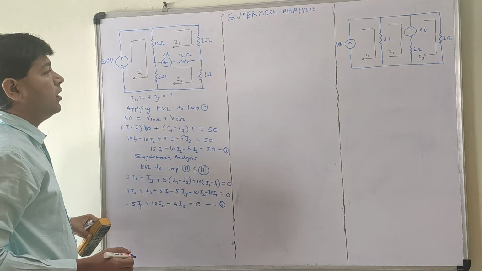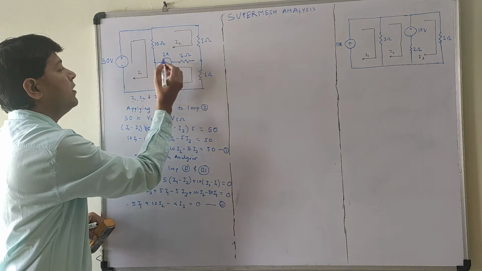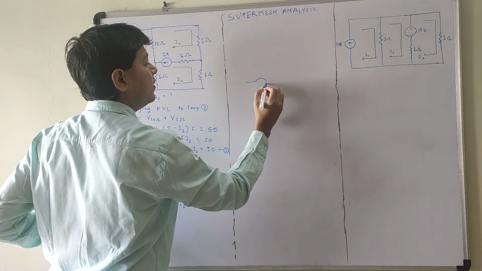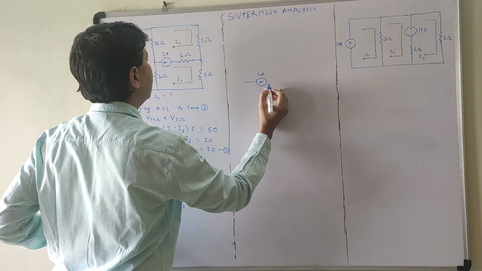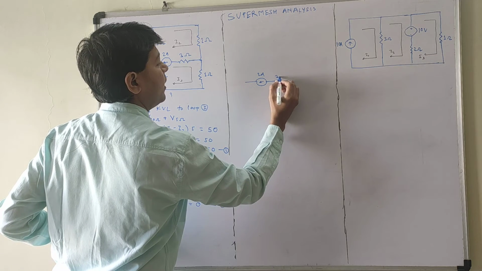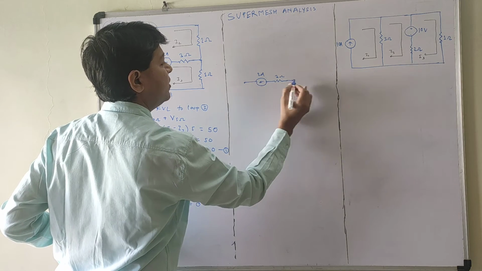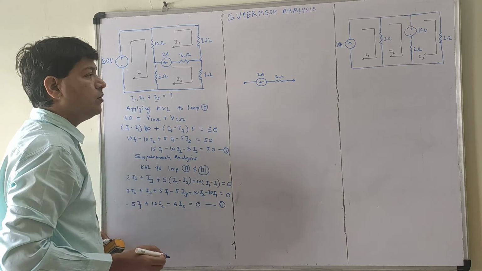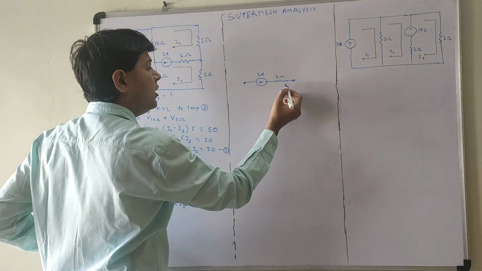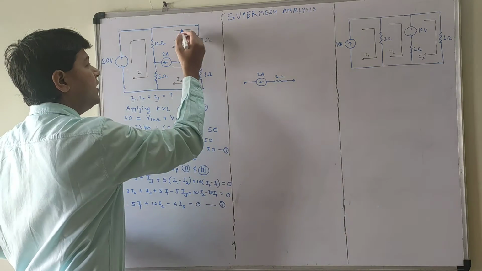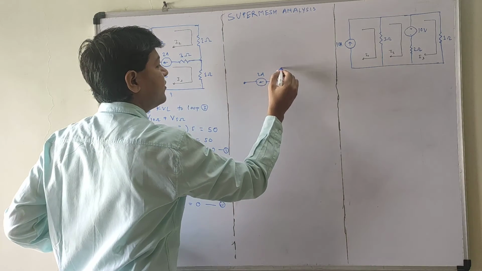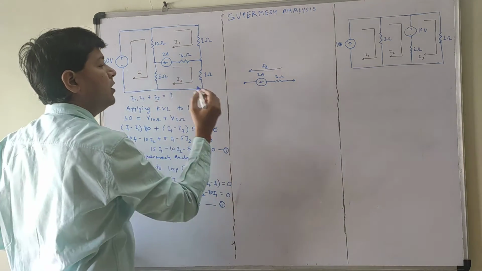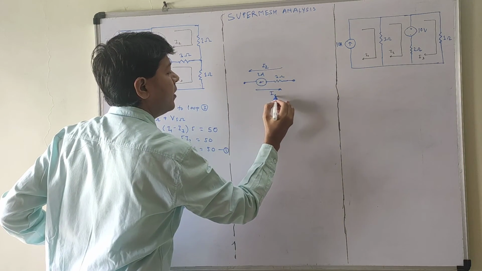Now what remains is to apply the super mesh analysis for this case. Here a 2 ampere current source and a 3 ohm resistor are in between these two loops, so we cannot apply Kirchhoff's voltage law. We only need the current flowing through the circuit. I2 is flowing in this direction, and this I2 is opposed by I3.